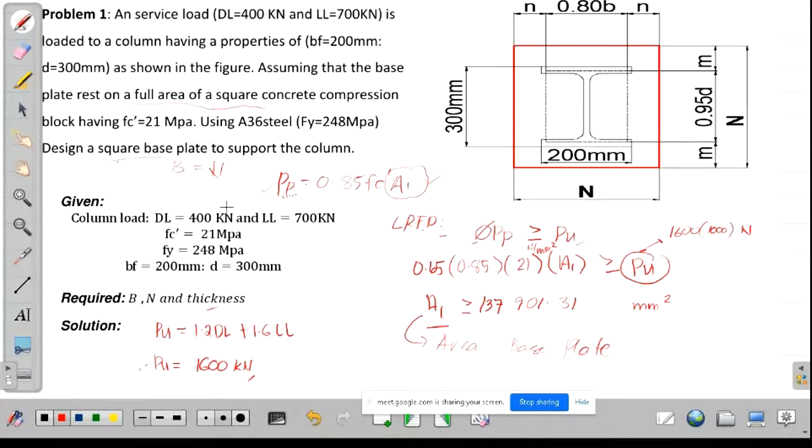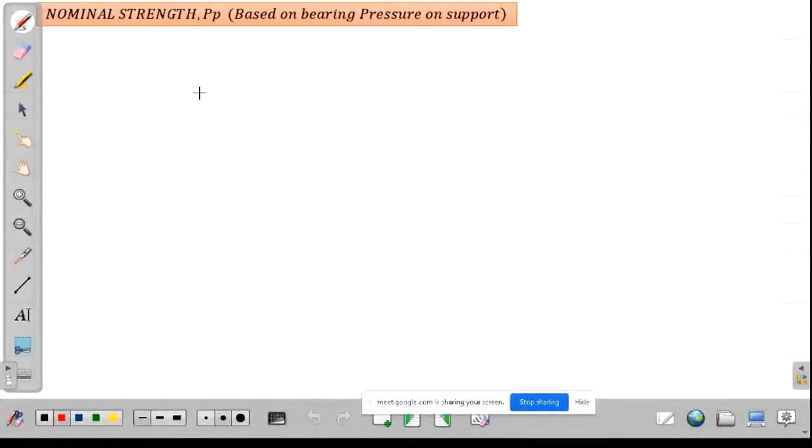Okay? And pag meron na tayong area, square base plate tayo, so B is equal to N. Okay? So yung area natin is equal to B times N. And yung B is equal to N natin.